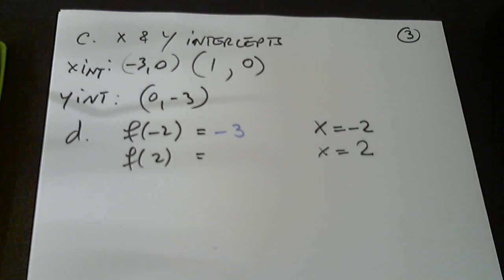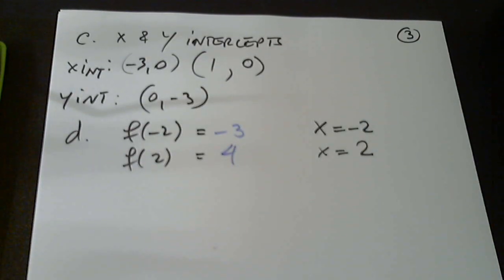Now at x equals 2, I draw or imagine I draw a vertical line at 2. It crosses the graph here. I need to read the y value. -4. You mean +4, correct.